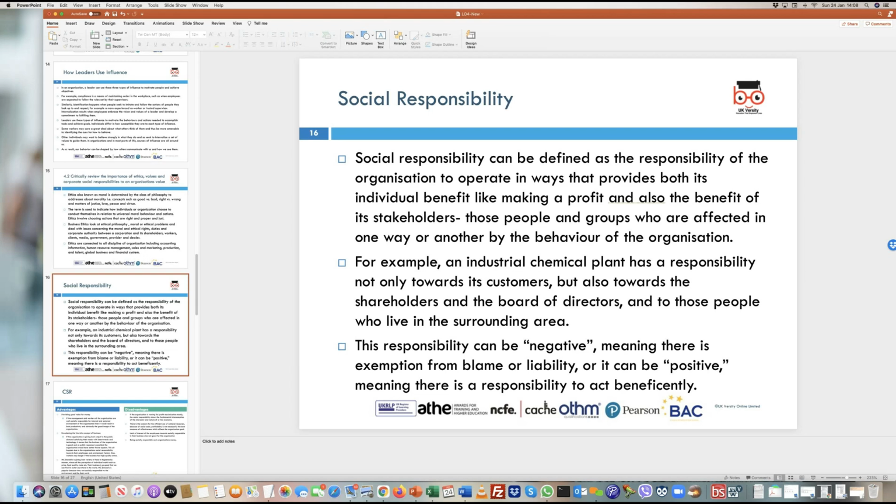In those cases, if they are fined or brought to court and asked to clean up, and to ensure that the release of that material does not cause any harm to the environment, it would be seen as negative.